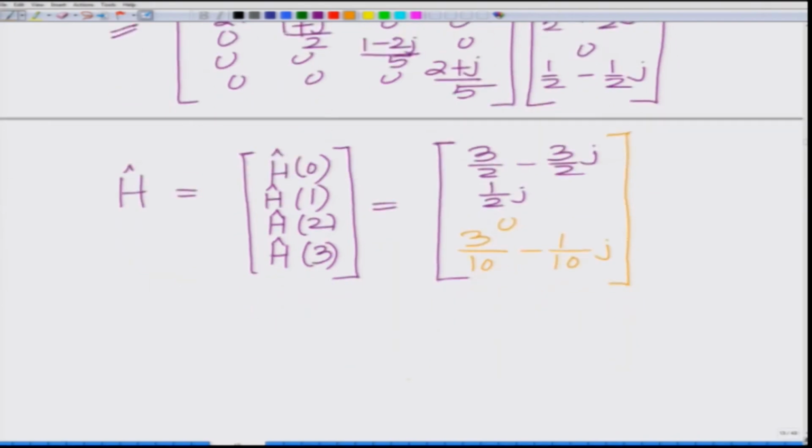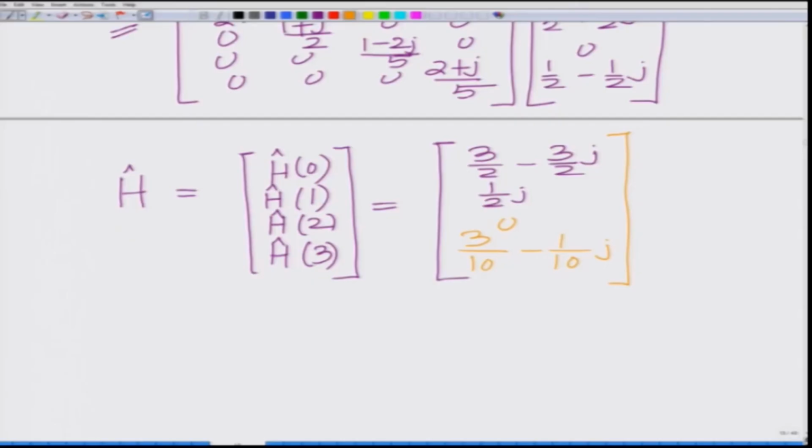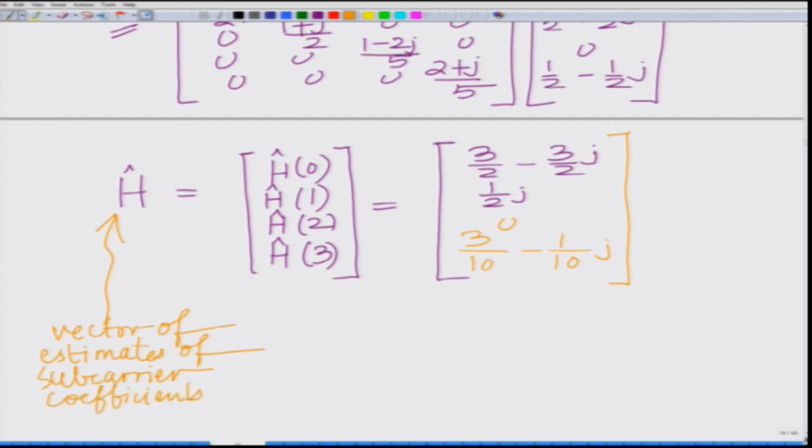So, H hat denotes the vector of estimates of the channel coefficients across the various subcarriers, right. H hat 0 is the estimate of the channel coefficient across subcarrier 0, H hat 1 across subcarrier 1, so on and so forth up to H hat 3, alright. So, basically we have H hat, the vector of estimates of subcarrier coefficients.